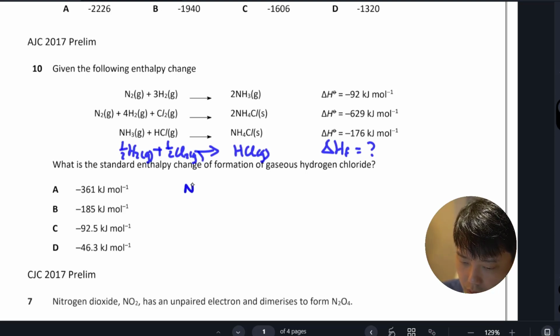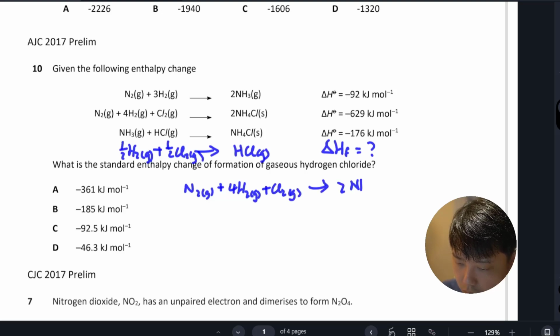Yes. I think the second equation. NH4Cl solid. Okay, so this is minus 6 kilojoules per mole, right? Use it up, we'll say it out.